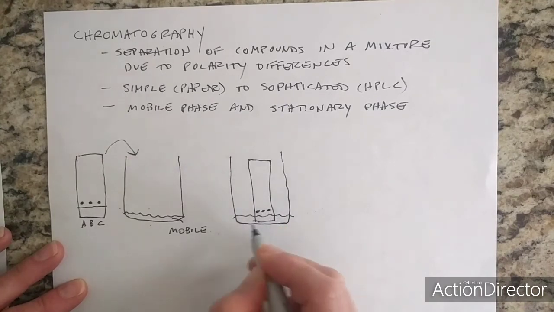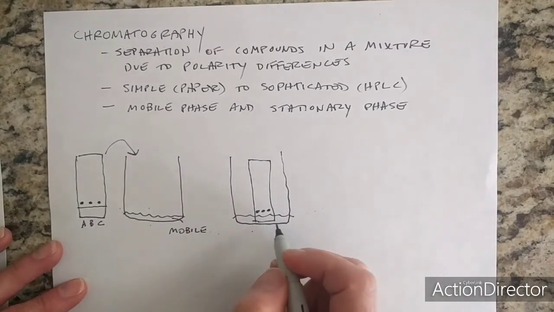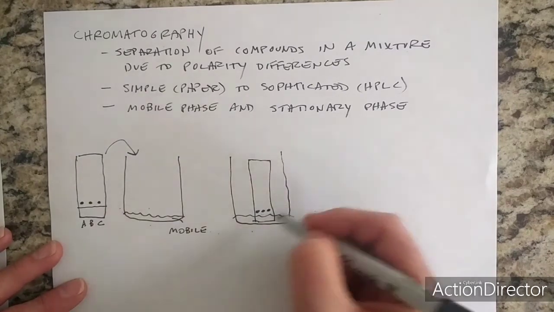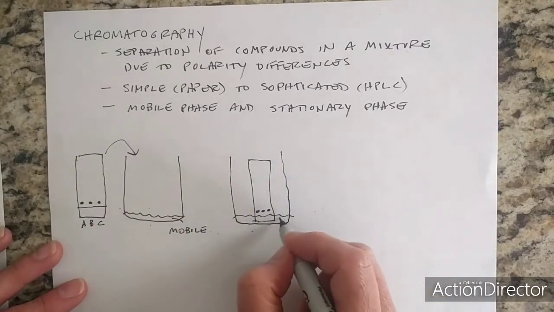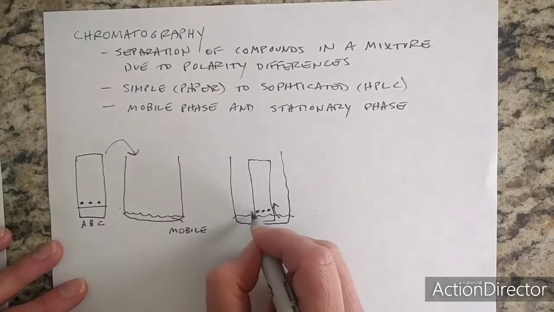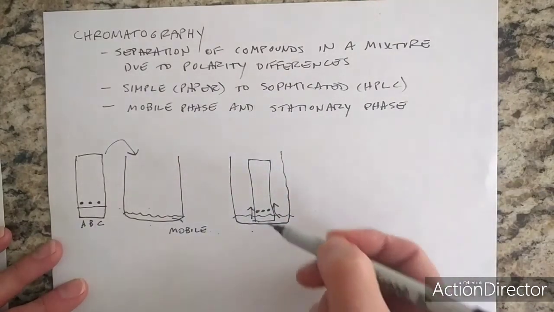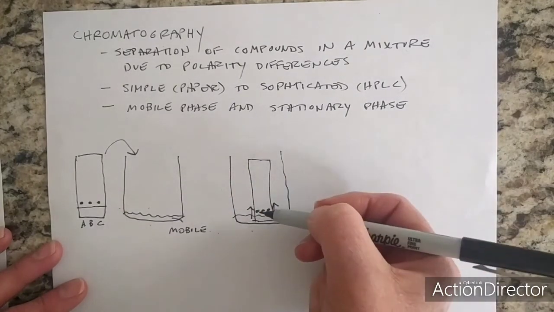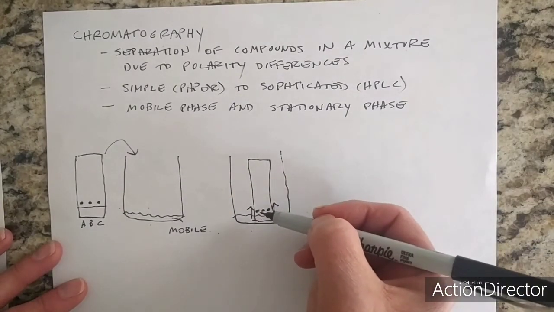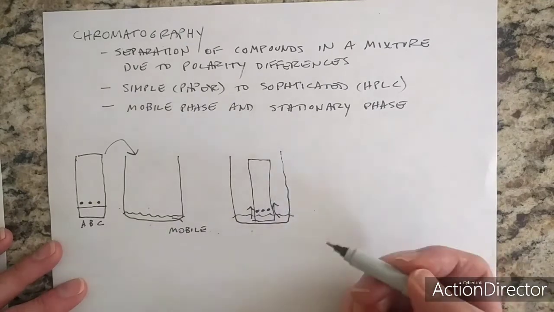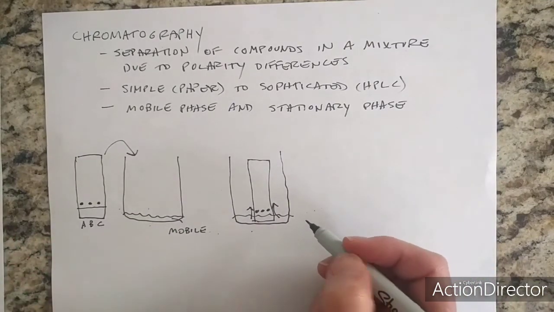Our samples must be above the level of the mobile phase. So the paper is going to draw up the mobile phase, and these compounds are going to travel, and how far they travel depends on if they're more attracted to the mobile phase or more attracted to the stationary phase.